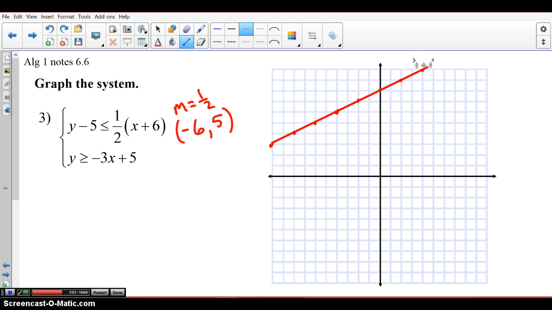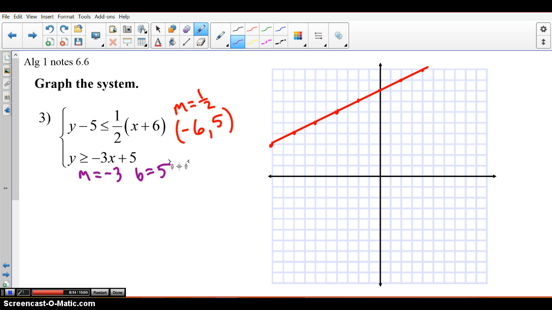And notice this is in fact a solid line, seeing that we're talking about a less than or equal to situation. We'll deal with the shading aspect in a moment. Let's look at the second equation now. Now this is already given to us in slope-intercept. We know the slope is -3, the y-intercept is 5.